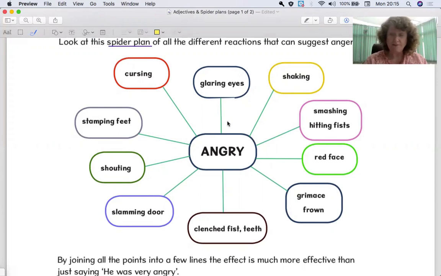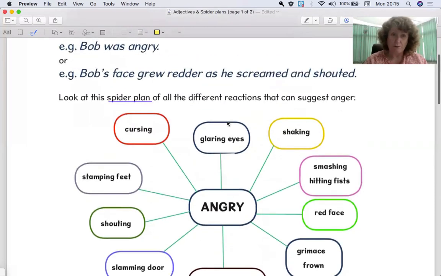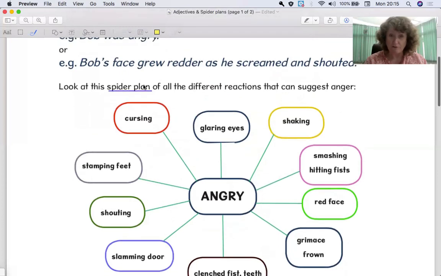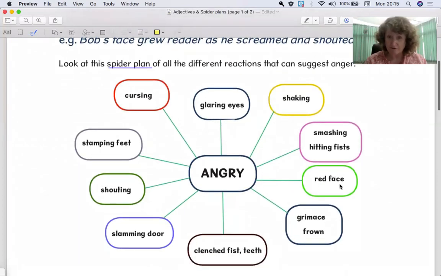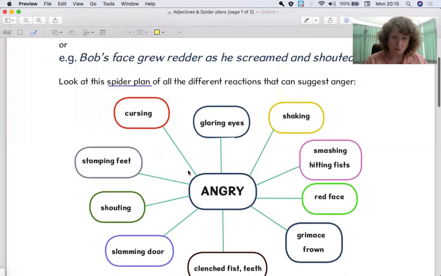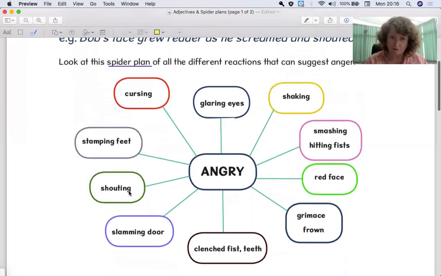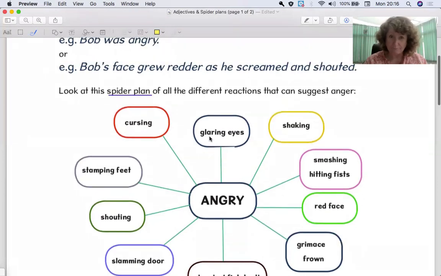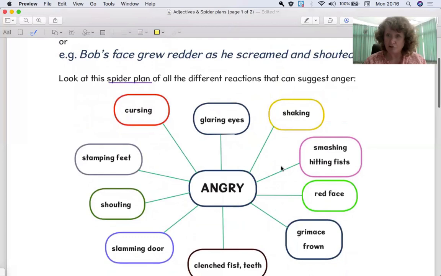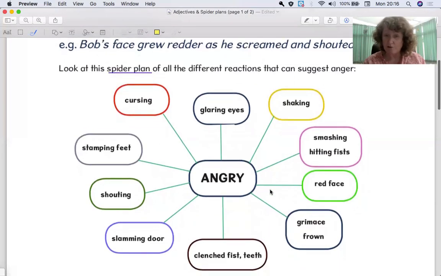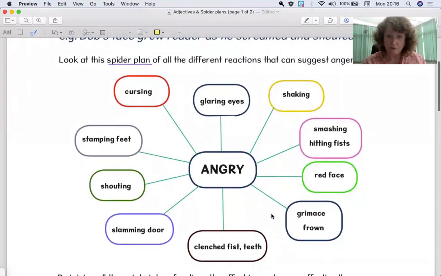So instead of saying Bob was angry, what have we chosen? Bob's face grew redder. So he had the red face here. As he screamed and shouted. We've got shouted here. Here we go. You could carry on describing his feelings and what he looked like and what he did by using some of these words here.